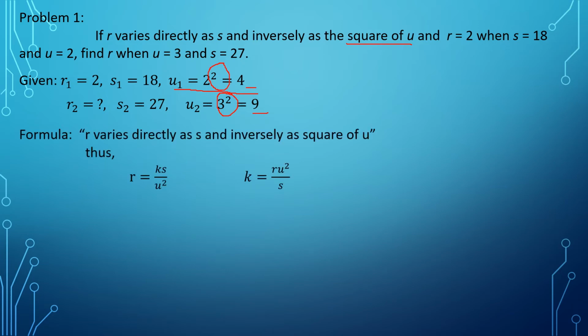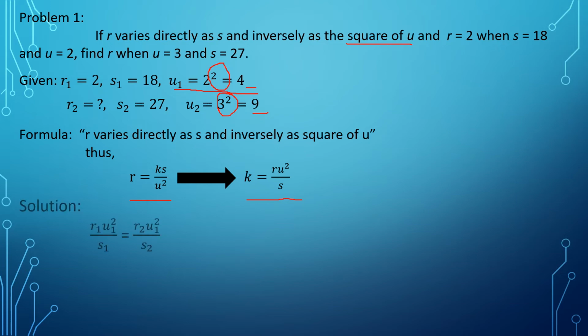Okay, sa formula, mag-base yapon ta sa iyahang variation statement. Unya, pagkuha na sa K, K equals to R times U squared over S. Okay?